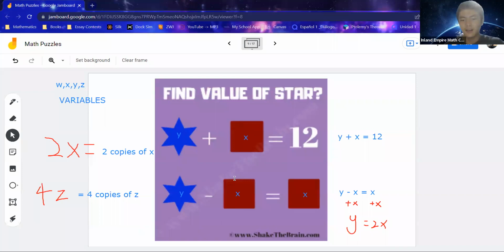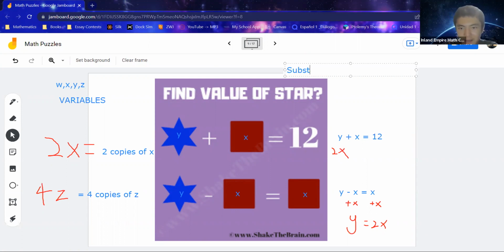But anyways, since y equals 2x, that would mean that y is equal to 2 copies of x, right? Then, since y is equal to 2 copies of x, we can substitute. This is a term you will see when you study algebra.